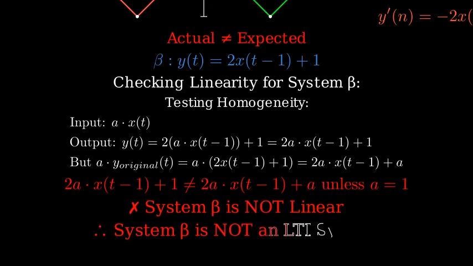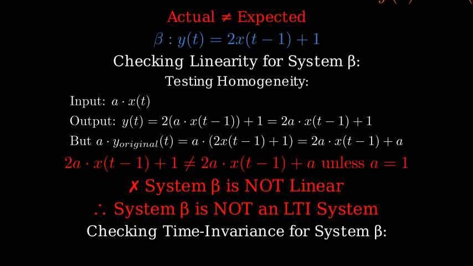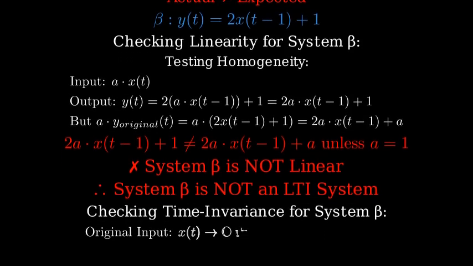Since linearity is a requirement for an LTI system, we can already conclude that system beta is not an LTI system. For completeness, let's also check if system beta is time invariant, even though we already know it's not an LTI system. For time invariance, we need to check if a shift in the input results in the same shift in the output. Let's say the original input is x of t, which gives the output y of t equals 2 times x of t minus 1 plus 1.